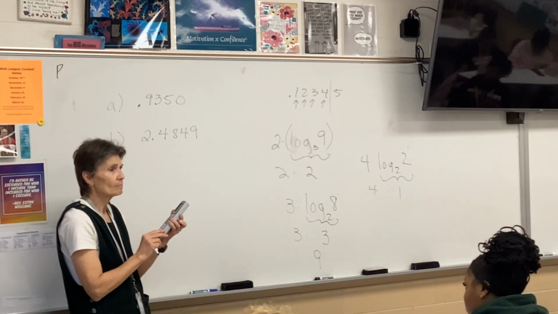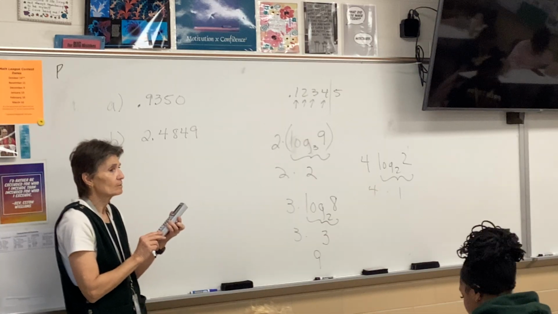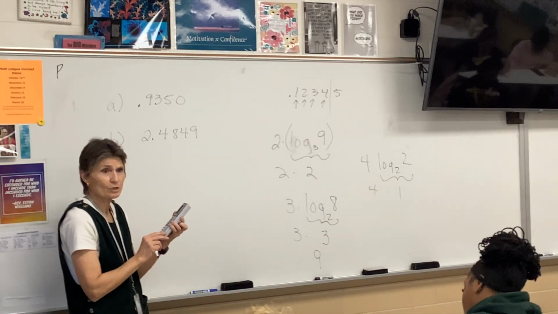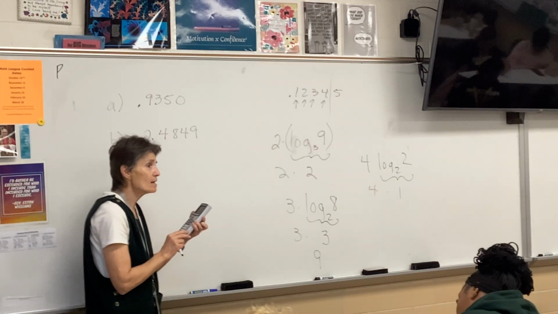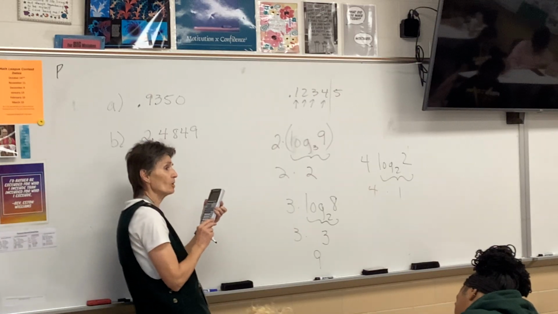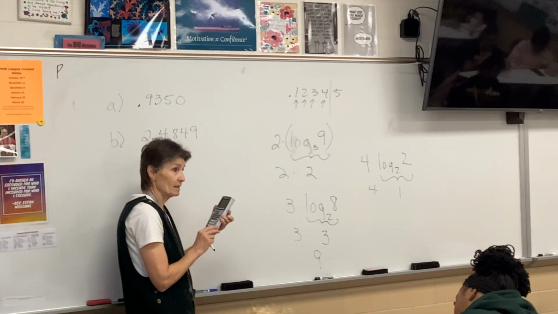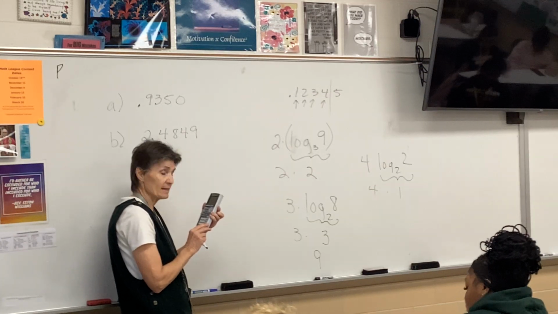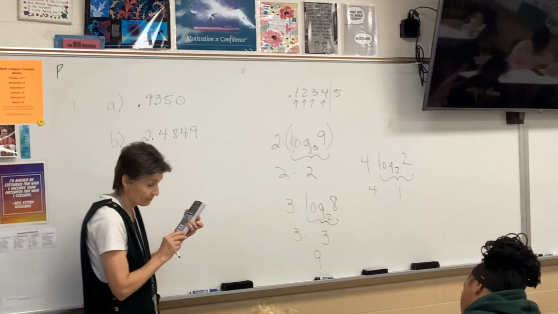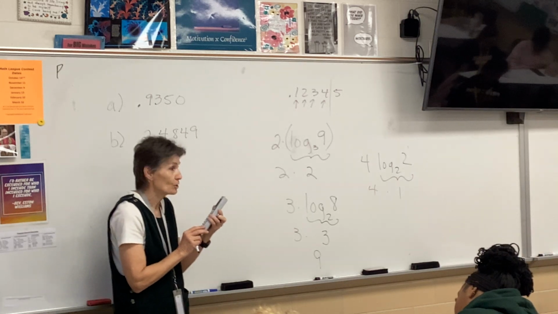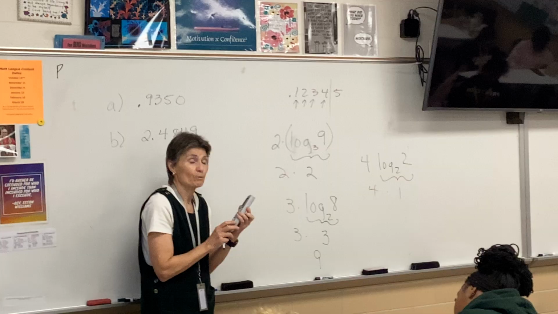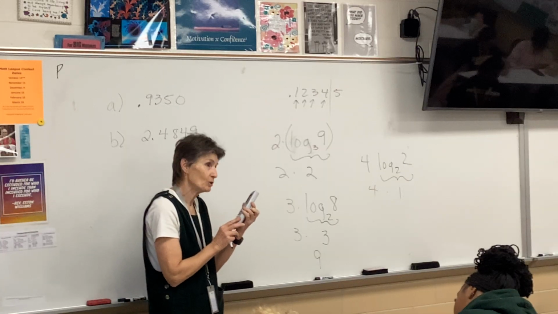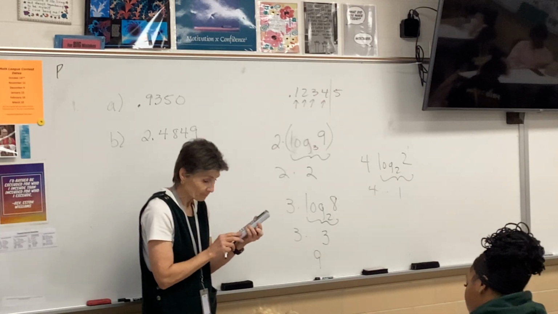What happened? You got an error. No solution. You cannot take the logarithm of a negative. LN, log, anything won't work if the number's negative. So C is no solution. And if you forget that, your calculator will remind you with an error.